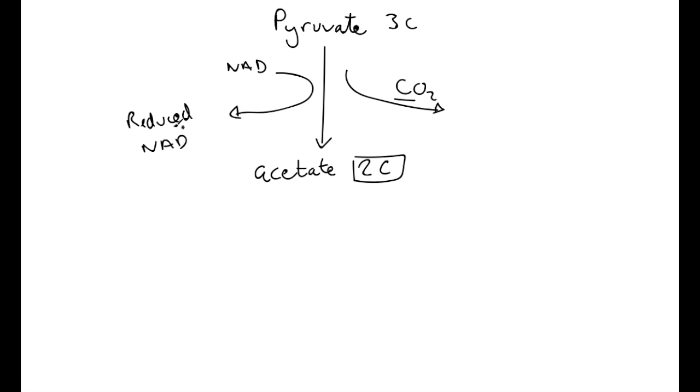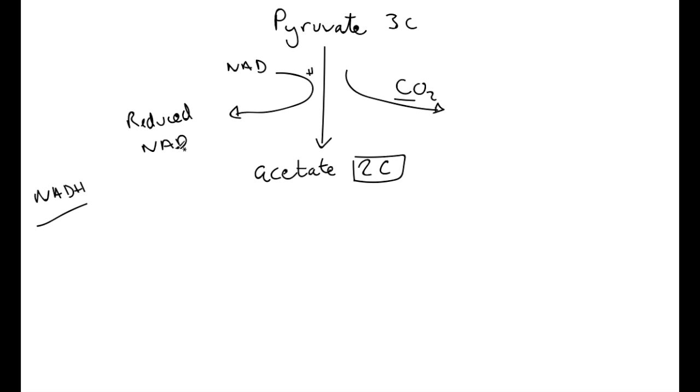NAD. If you've seen the other videos in order, hopefully this will make sense. If you haven't, go and look at it. But basically reduced NAD can be written as NADH. And what it means is this NAD comes into this molecule and takes a little hydrogen away and carries it away. So sometimes you see it written like this, sometimes you see it written like this.